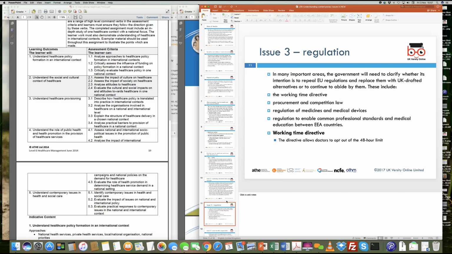So for GPs or doctors, it is stipulated that they can work 48 hours at a stretch. Beyond that, they have to be given a week off, and after that, they again do 48-hour shifts.